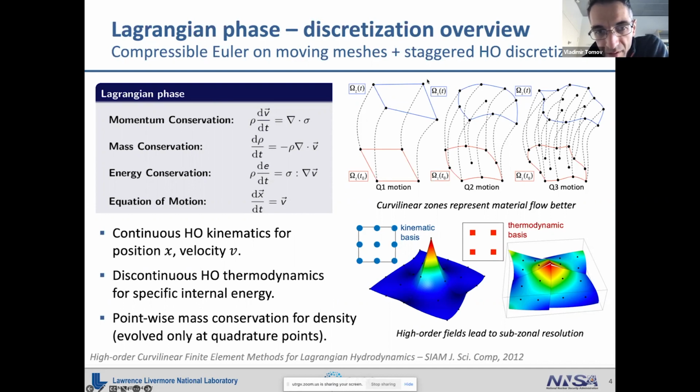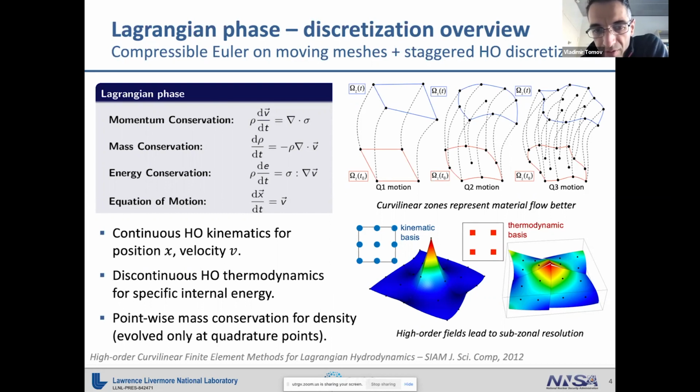It's the standard so-called staggered discretization that people do for finite volumes, but done for finite elements. So energy is L2. It can have jumps.